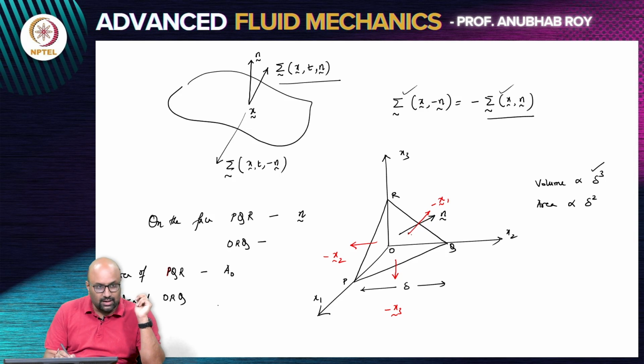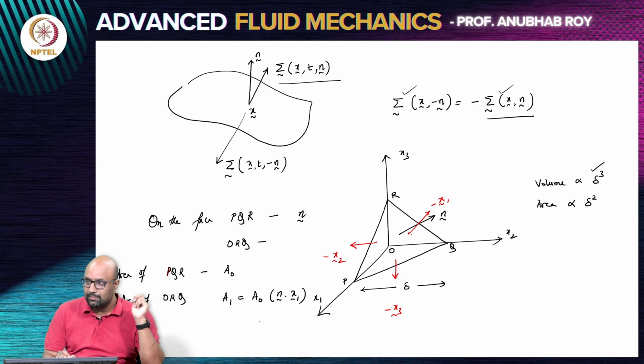If I consider the face ORQ, which is pointing in the minus x1 direction, and label its area A1, the area should be A naught n dot x1, the magnitude.